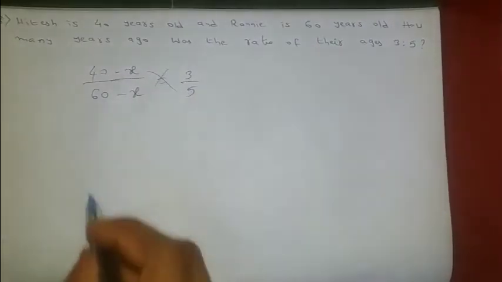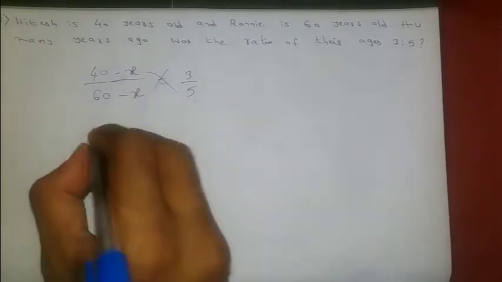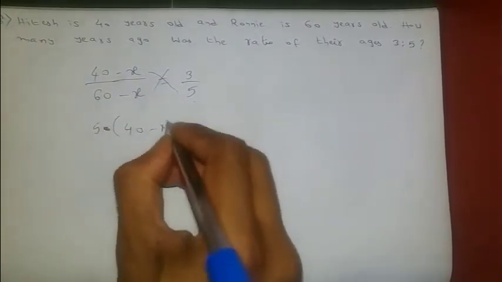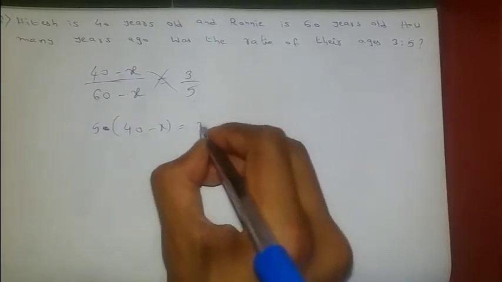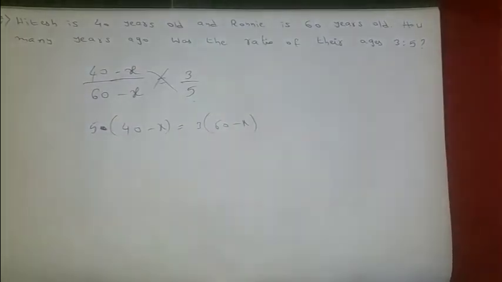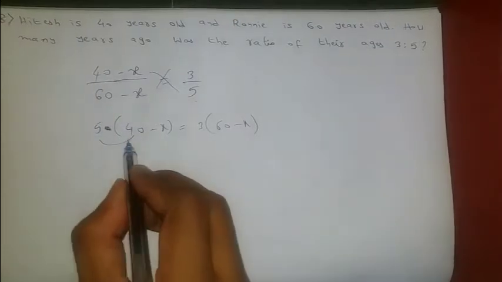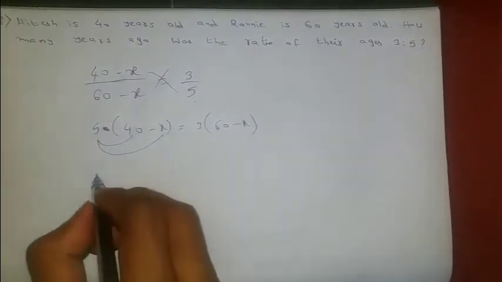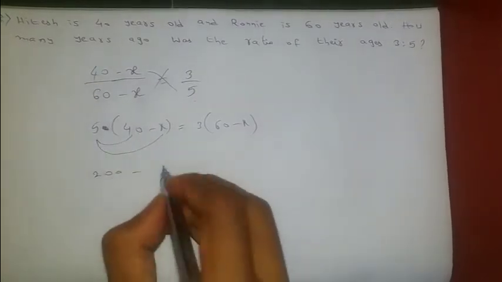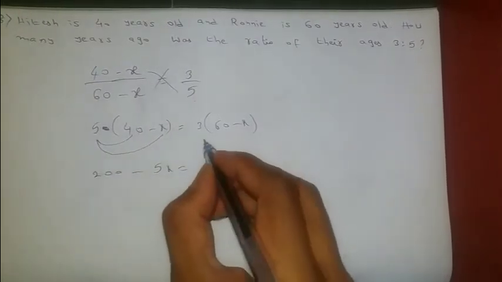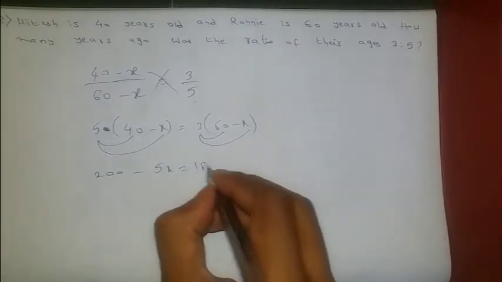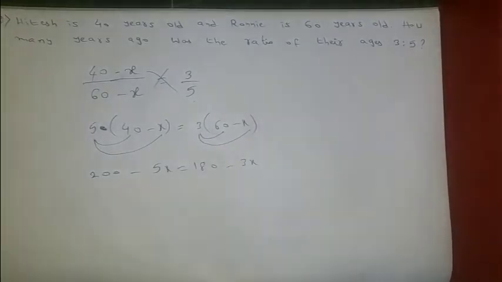Now let us do cross multiplication. 5 into 40 minus x is equals to 3 into 60 minus x. 5 into 40, outer one into first one, outer one into second one. 5 into 40, 200, minus 5 into x, 5x, is equals to outer one into first one, outer one into second one. 3 into 60, 180, minus 3 into x, 3x.